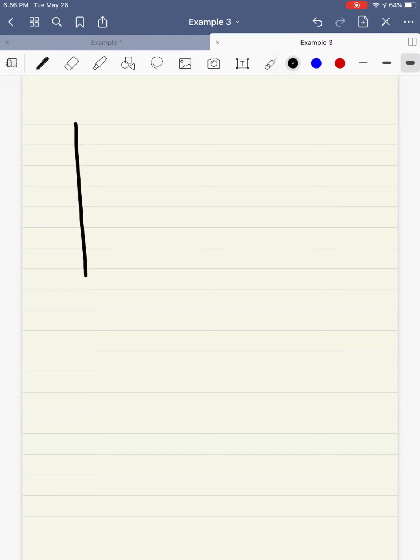But just draw a line down the left-hand side, okay? And then where you stopped, you're going to draw a side-to-side line, a horizontal line. Again, you can use the lines on the paper, obviously, to try to make it as straight as you can. Okay, so we have these two lines on.